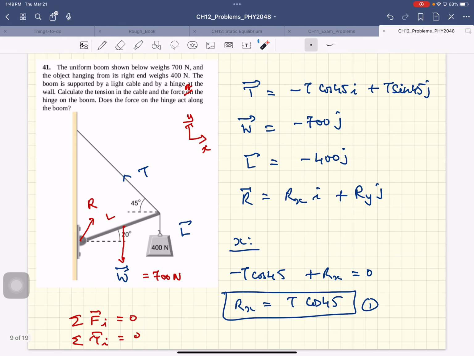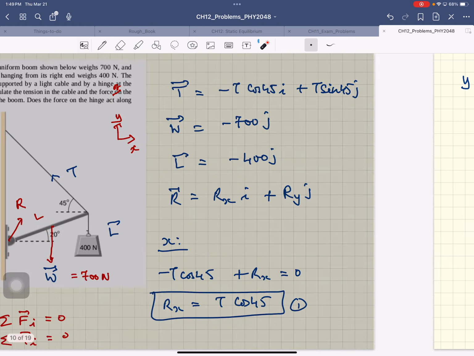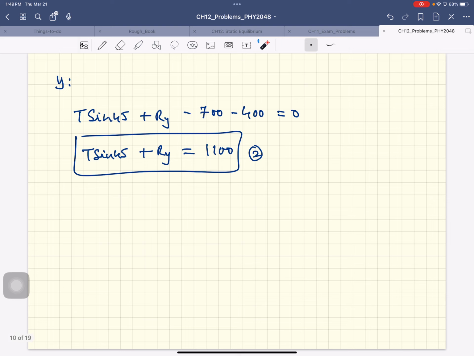And we have one equation left. Sounds like we're on a dead end. We run into a problem. You guys understand the problem?